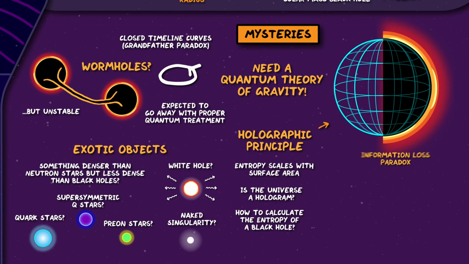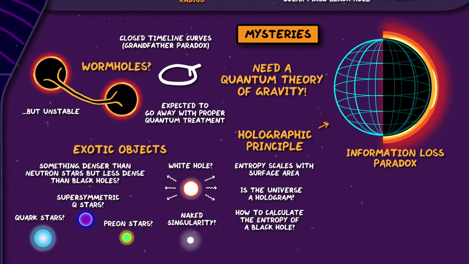Finally, we have one of the biggest unsolved mysteries of black holes. What happens to the information that falls into them? Now, because black holes are only defined by three parameters, mass, charge, and angular momentum, any other information about objects that fall into the black hole appears to be erased from the universe. But the thing is, this isn't actually allowed by a fundamental law of quantum mechanics called unitarity.